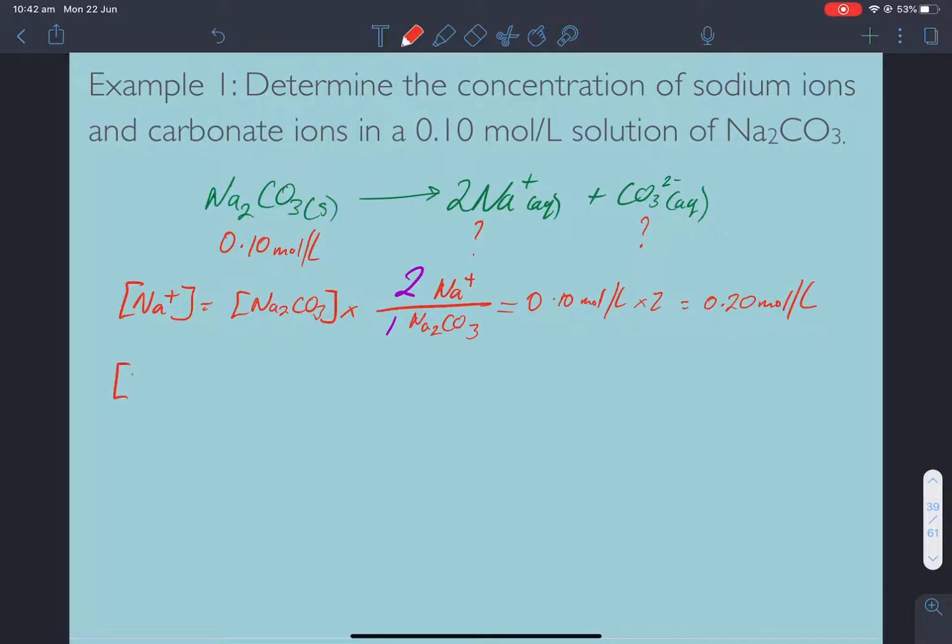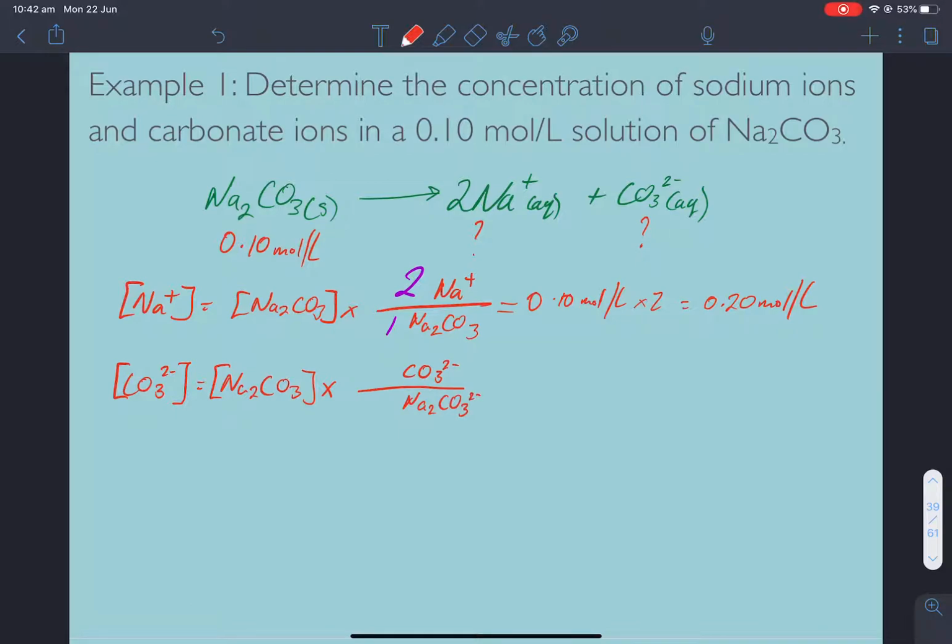Okay, let's do the same for the carbonate. The concentration of carbonate, remember that square brackets equals concentration in chemistry. Our concentration of our known times it by the molar ratio. This time we want the molar ratio between carbonate and sodium carbonate. What's in front of each of them?